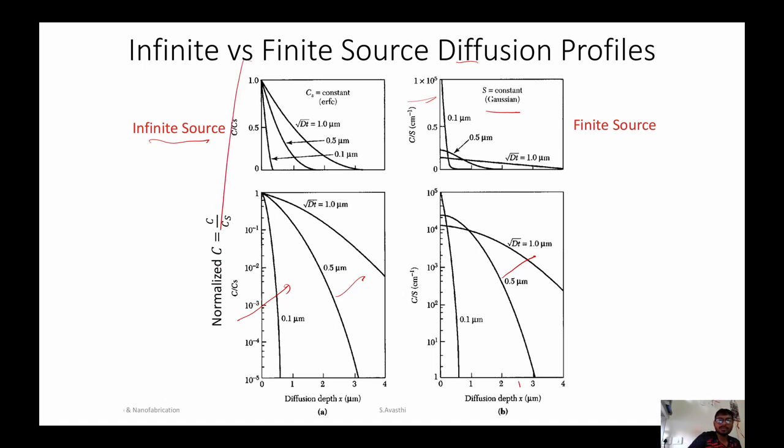These two are infinite sources, but what is the difference? We have given enough time.